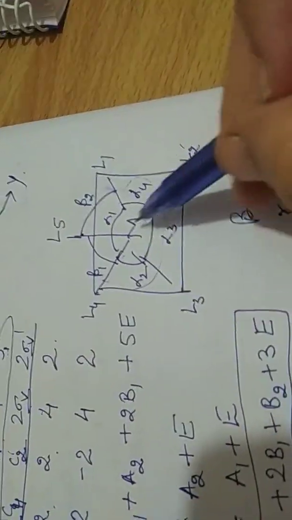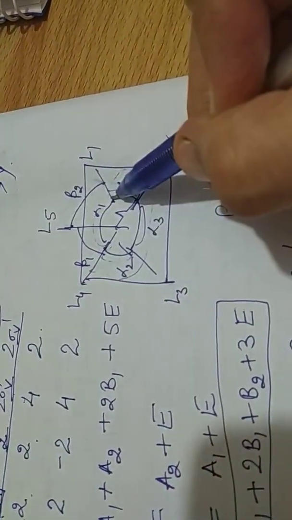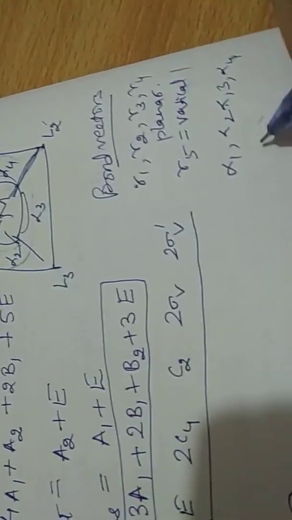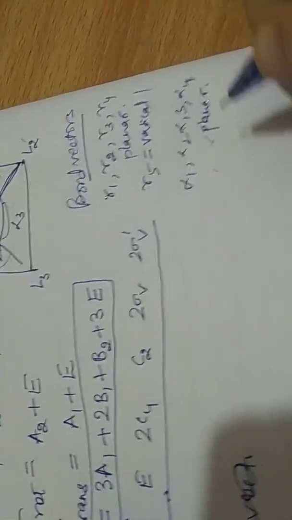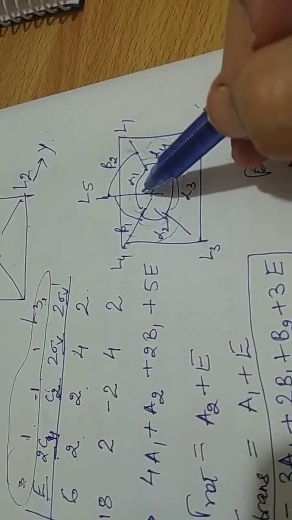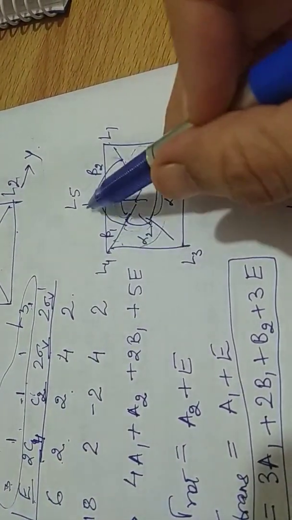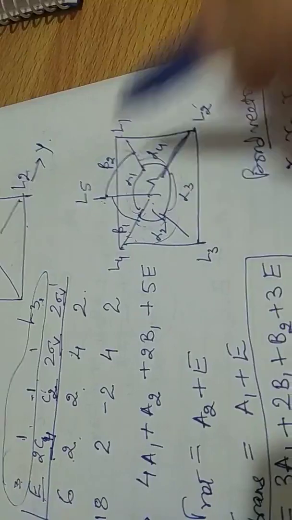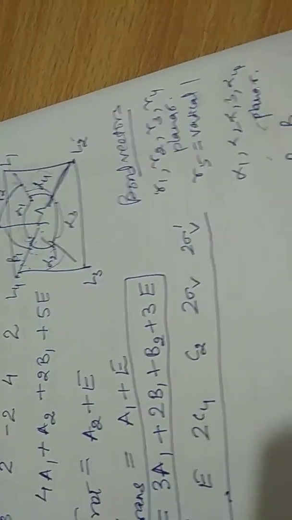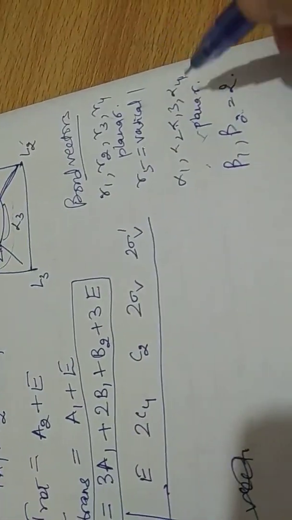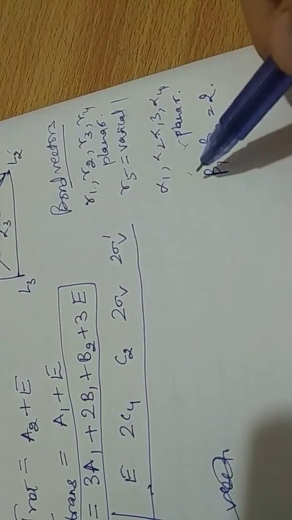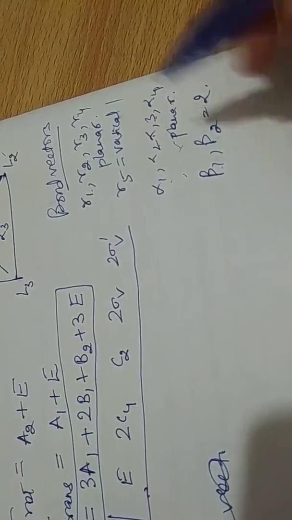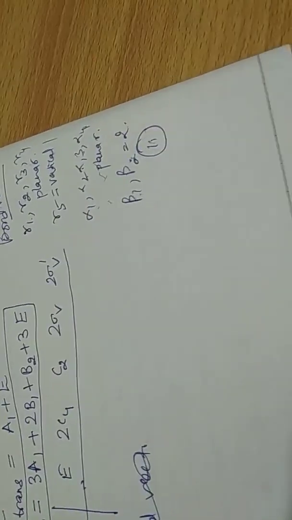These are all the 4 angles between these, so these are again planar. Then there are 2 more angles which L1 and L4 make with L5. That is beta 1 and beta 2. So how many internal coordinates are there? 1, 2, 3, 4, 5, 6, 7, 8, 9, 10, 11. So 11 internal coordinates are there.